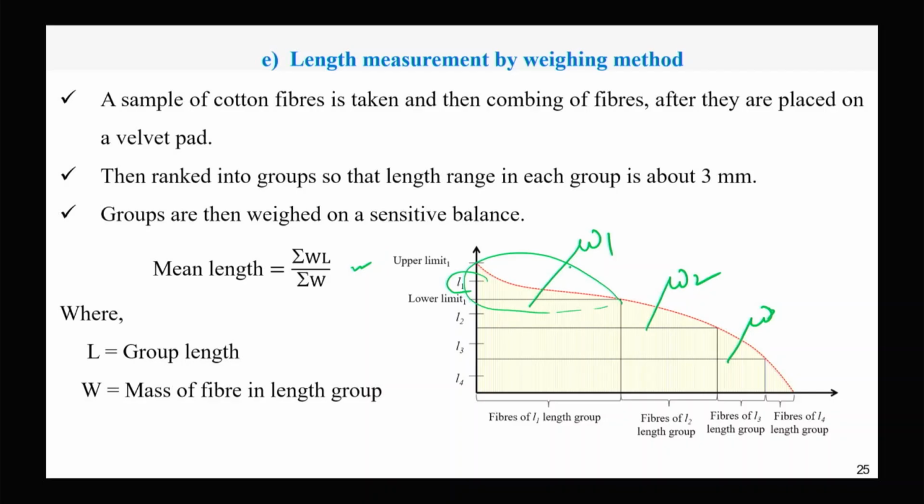So, here W1 L1 plus W2 L2 plus W3 L3 plus W4 L4 divided by the total weight W1 plus W2 and so on. In this way we will get the mean length.